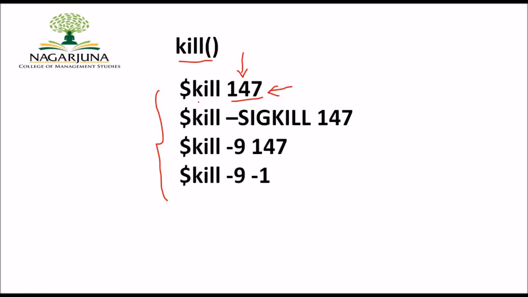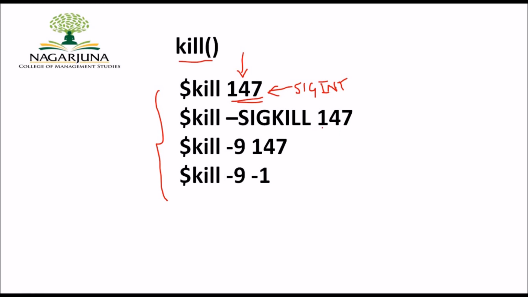So once I say kill 147, by default a signal called SIGINT, which stands for signal interrupt, will be invoked automatically and interrupts the process with the process ID 147.